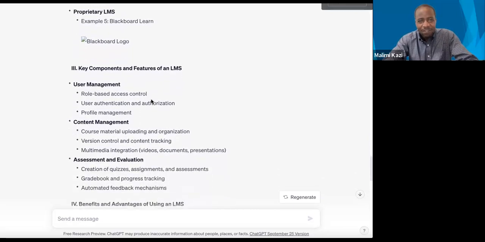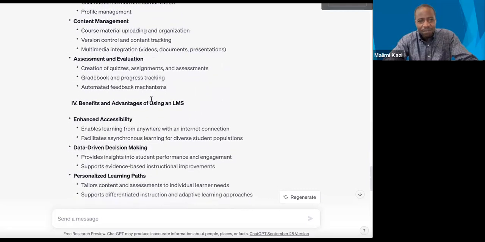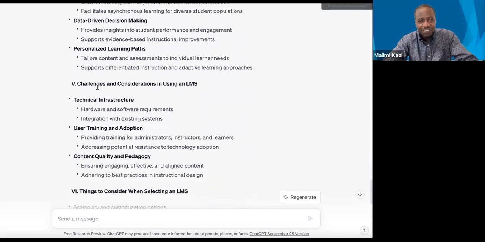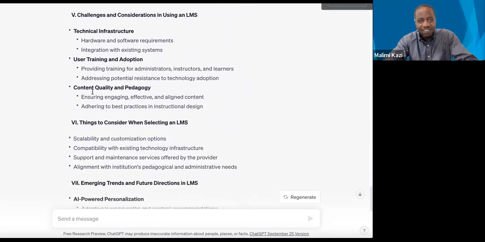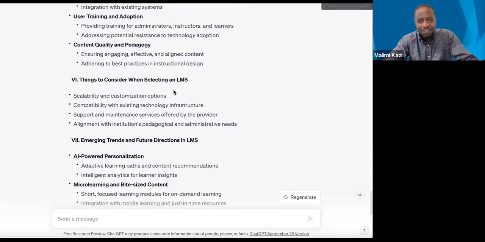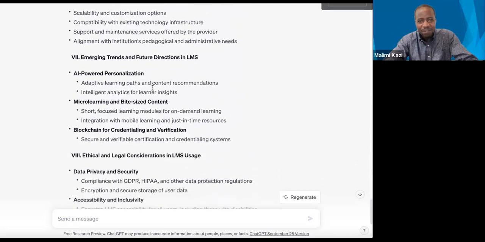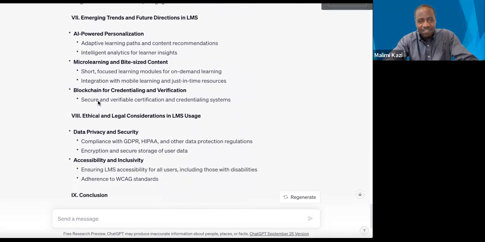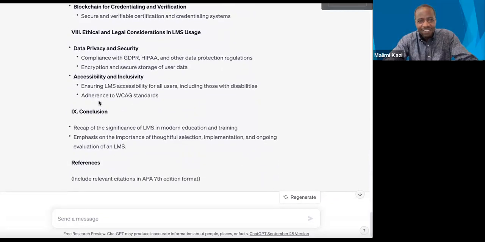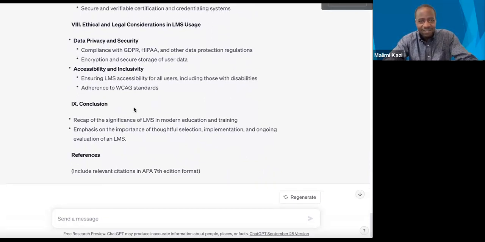Okay, so key components. It included the key components there. Benefits are there. Challenges are here. Also, things to consider when selecting learning management system. Emerging trends. Okay, and ethical and legal considerations. Also conclusion.